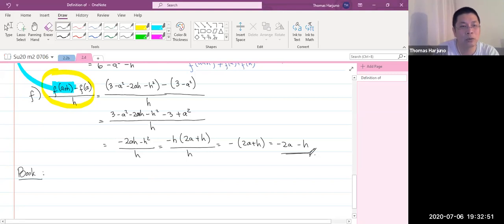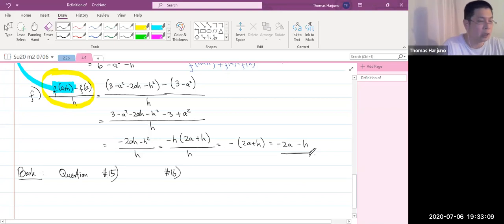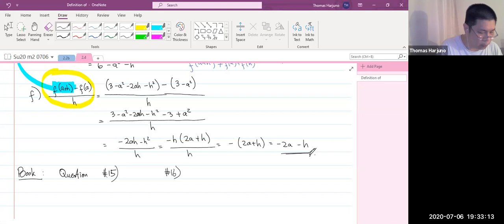I would like you to take a look, compare problem number 15 and number 16. They give you the graph there. And by looking at the graph only, can you tell if that's the graph of a function?